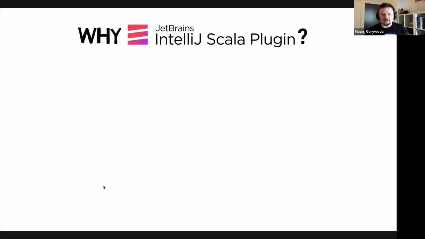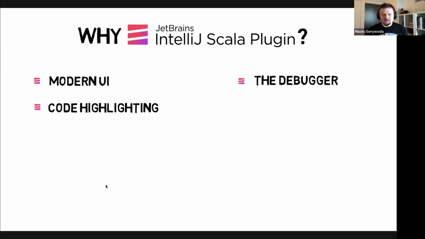And the last thing from that introduction: why the IntelliJ Scala plugin? Before, when I gave this lesson, I talked about each of those elements separately. We have a modern UI, we have the debugger, code highlighting in the editor, and code completion that is now both AI and our own heuristics.